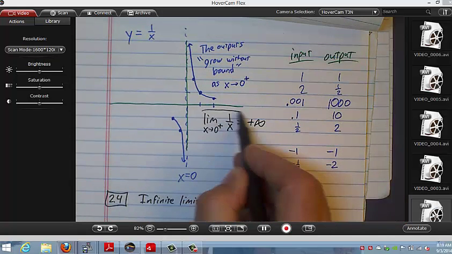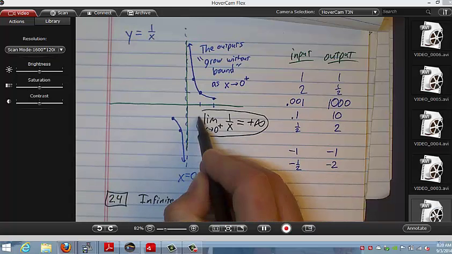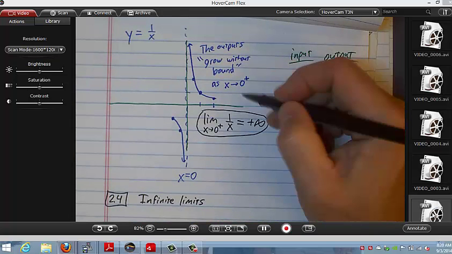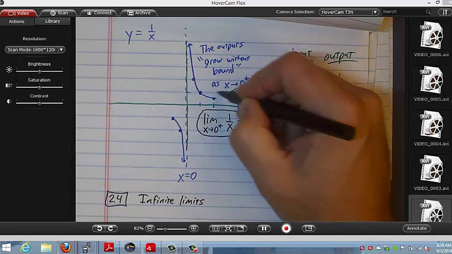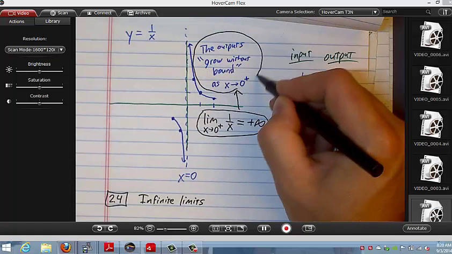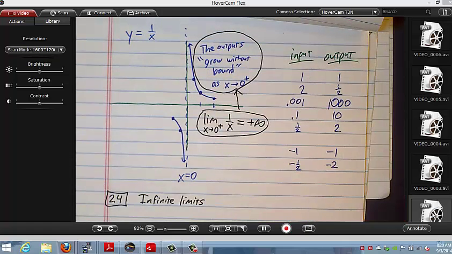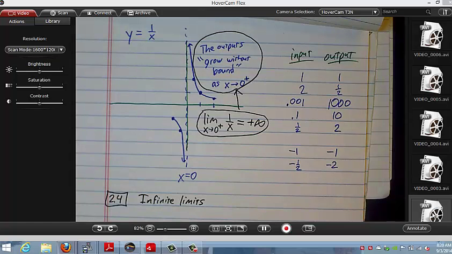And what this means, for now, verbally, is this statement. The outputs grow without bound as x approaches 0 from the right-hand side. I think that's a nice way to say it.